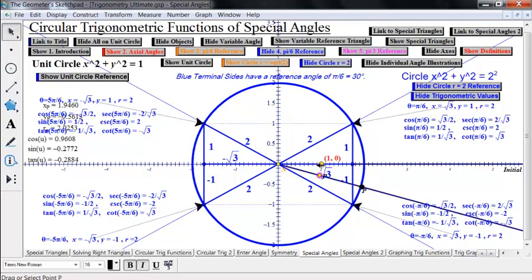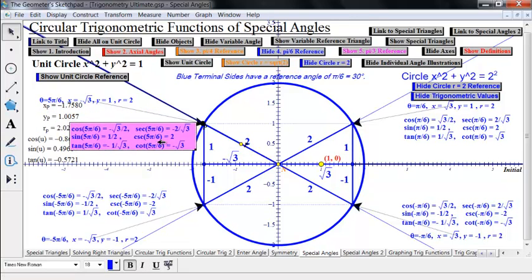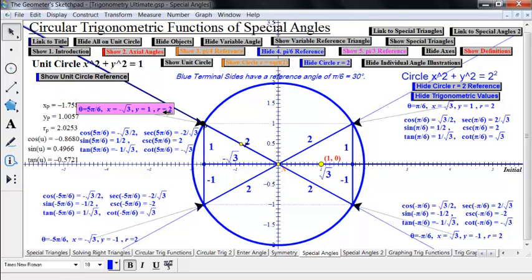If we rotate around to the second quadrant, that would be pi minus pi over 6, that's 5 pi over 6, or 180 minus 30, which is 150 degrees. So 5 pi over 6 is the shortest rotation, a positive rotation.